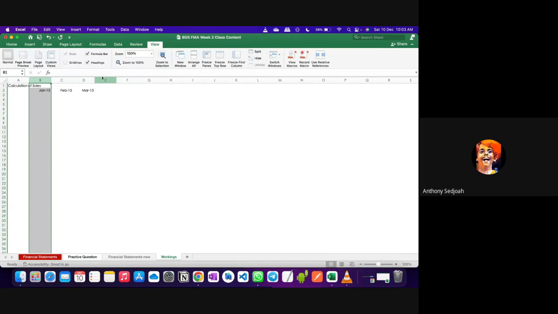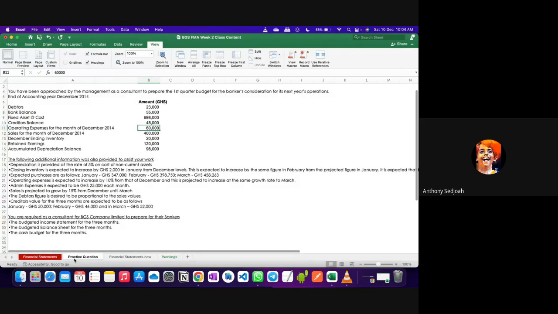So I thought it would be spread across. It didn't state that each month is 15%. So let me modify my question to say each month. Do you want it that way? Because it's actually 15% each month. It's trying to say it's going to be growing 15% each month until March. So maybe after March, it's not going to grow by 15% again.